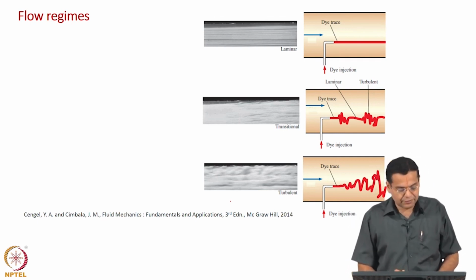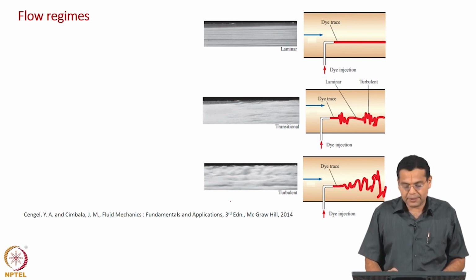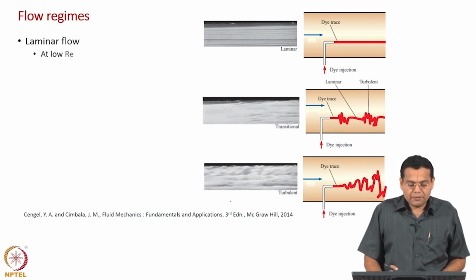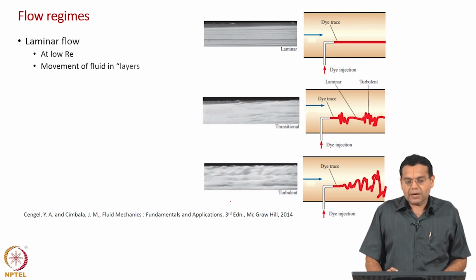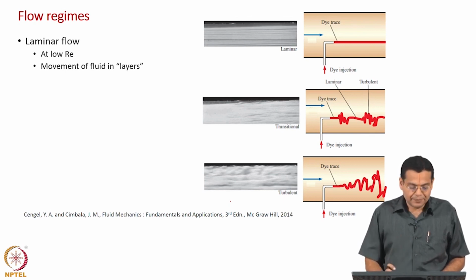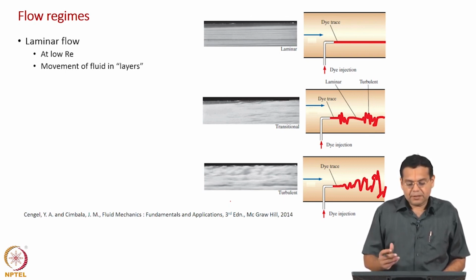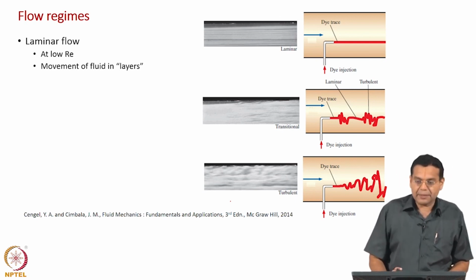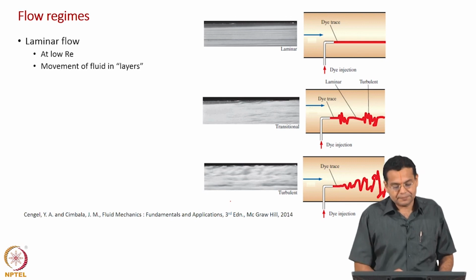The figures are taken from Cengel and Cimbala, very nice representation. So, let us start with laminar flow. As we have discussed, we observe laminar flow at low Reynolds number. What happens in laminar flow? The word lamina means layer, or laminae means fluid layers.